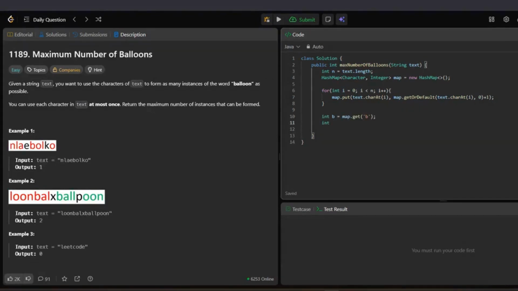Now we are storing the frequency of each character, and we need to check them for balloon. When we find out the frequency of L, we have to divide it by 2, and the same for O as well.